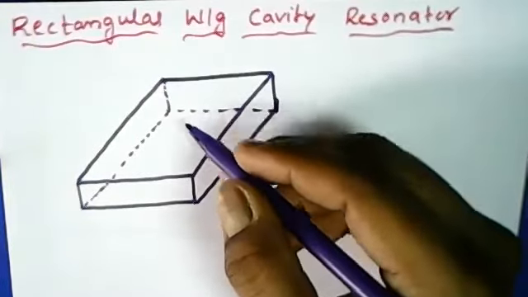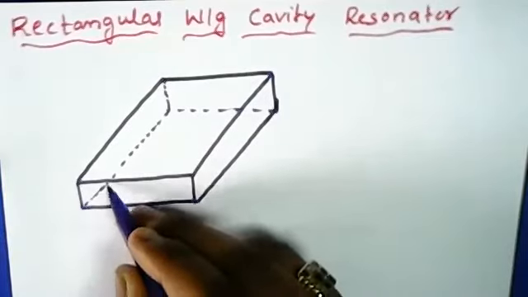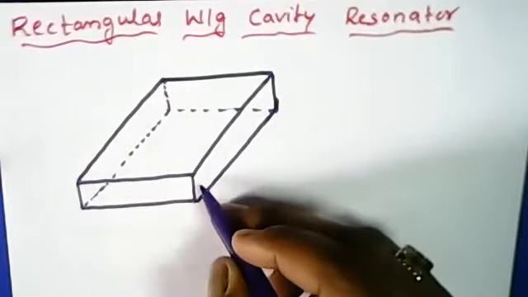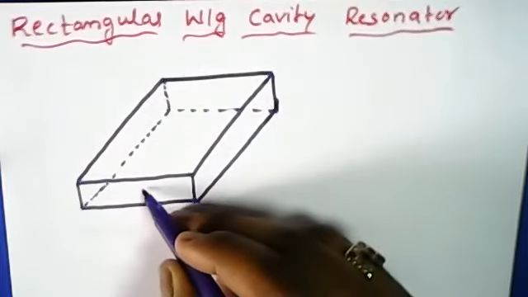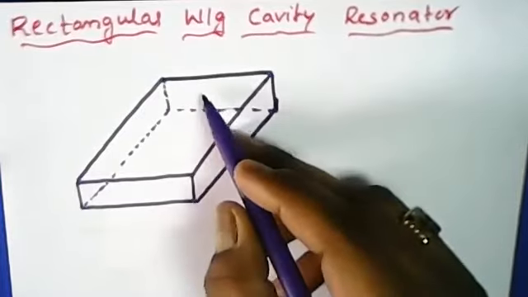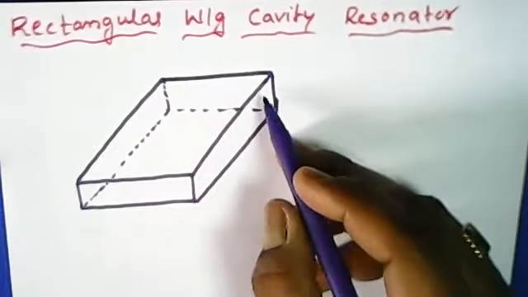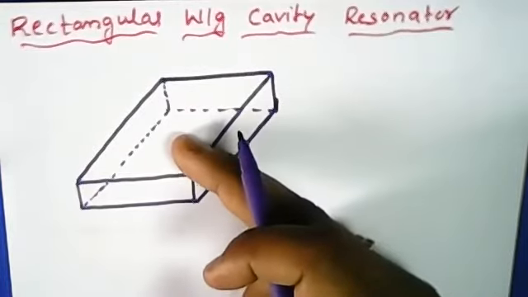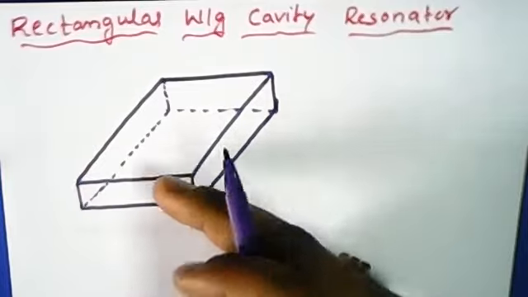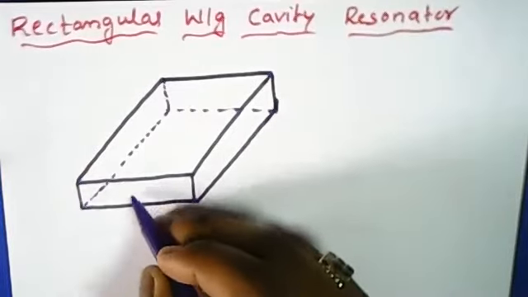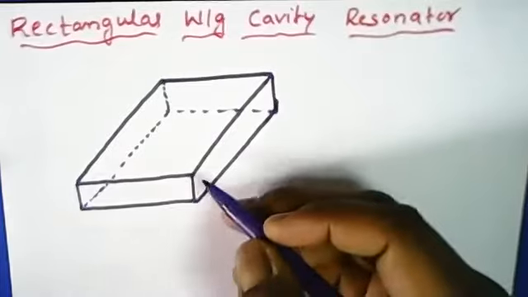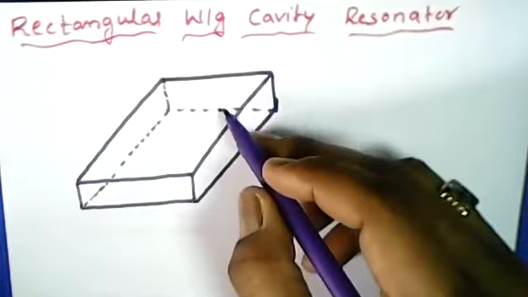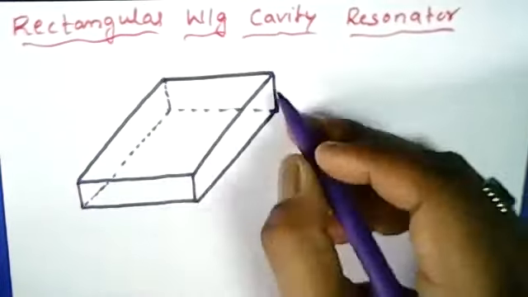Initially it was empty, then the signal is propagated, then it is closed at the terminating end, then the signal bounces back and moves once again towards the input. If this end is also shorted and closed, then what happens? All the signals which were propagated lie within this structure.